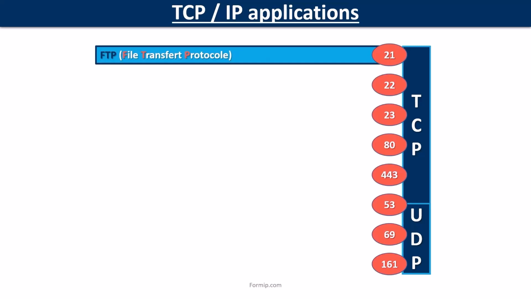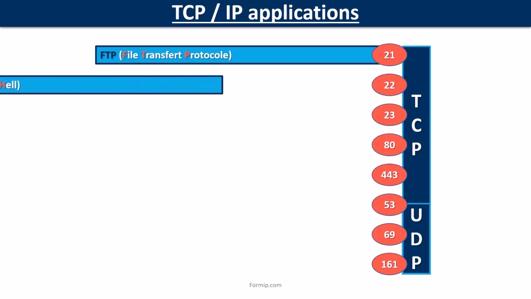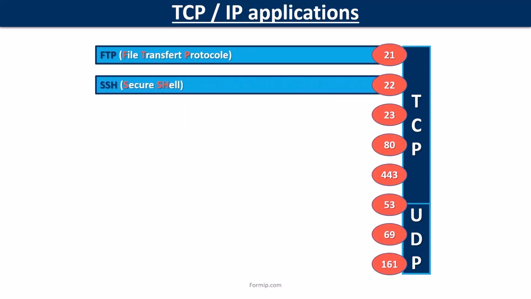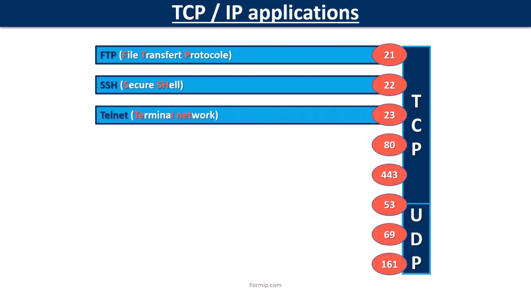It's a service used to transfer files between systems. On port 22, we can find SSH, Secure Shell, which allows remote access to other network devices. SSH messages are encrypted. Unlike Telnet, which uses port 23, Telnet is SSH's predecessor and does not encrypt messages.